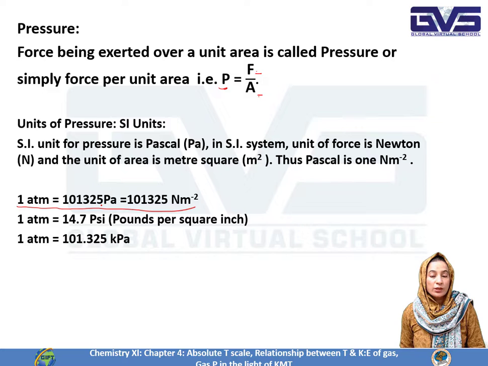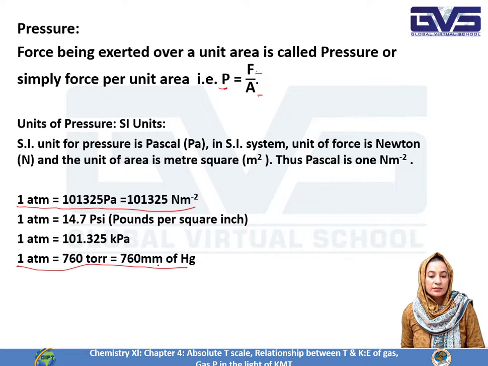So divide 101325 by 1000, then you get 101.325 kilopascal, that is equal to 1 atmosphere. And there is another unit called torr, or millimeter of mercury. Torr is again named after a scientist. The atmosphere is a greater unit as compared to torr or millimeter of mercury, that is 760 millimeter of mercury is equal to 1 atmosphere.